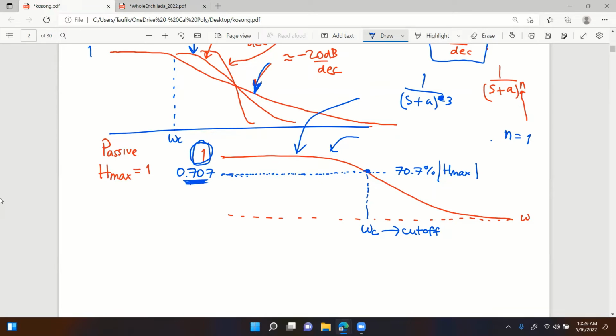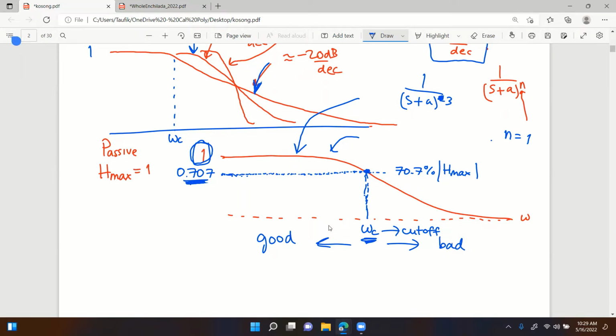Go ahead and draw a straight line for the 0.707 gain. When it intersects with the gain plot of the filter, the frequency at which it intersects is called the cutoff frequency. So that's what defines a good signal from the bad signal. Anything below the cutoff frequency is considered good signals. Anything above will be bad signals.